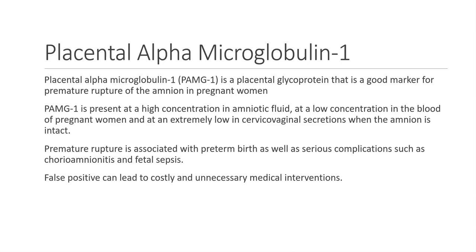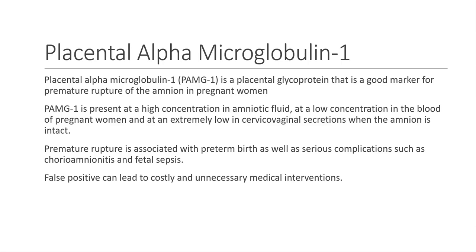PAMG1 is present at high concentrations in amniotic fluid and in low concentrations in the blood of pregnant women, and they're extremely low in cervicovaginal secretions when the amnion is intact.